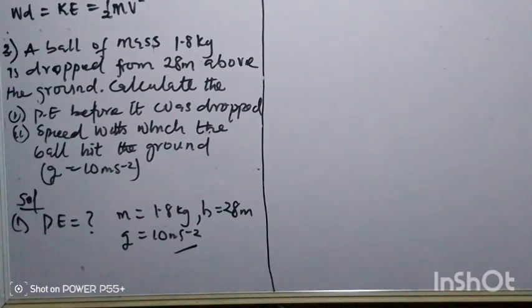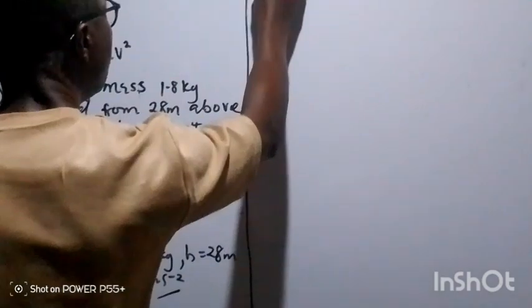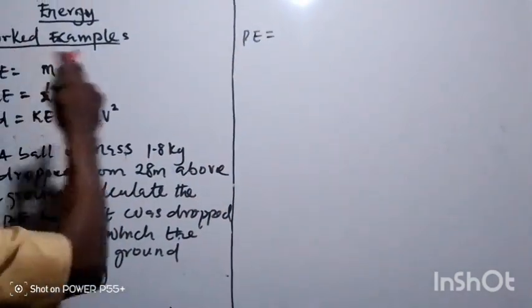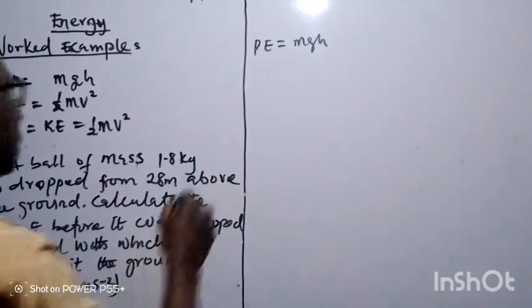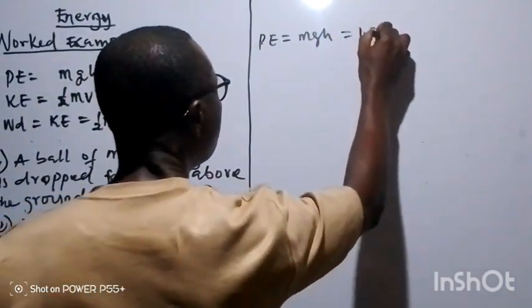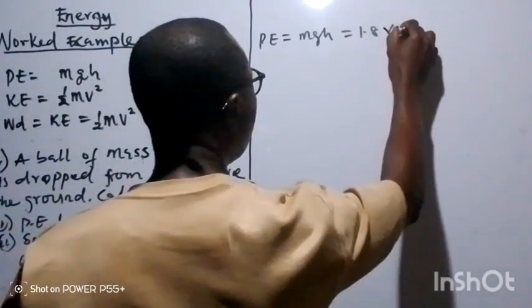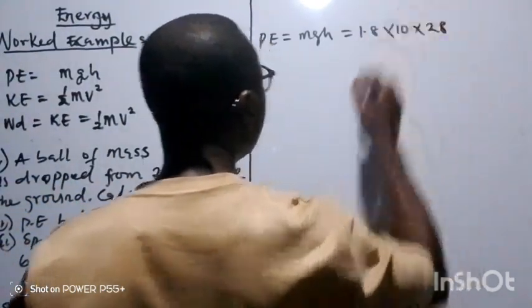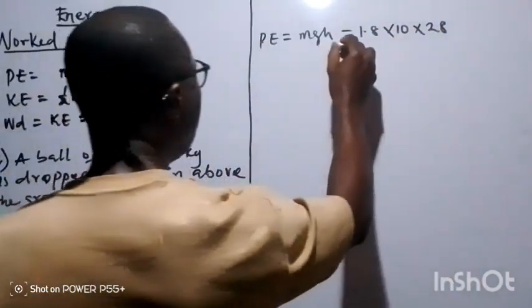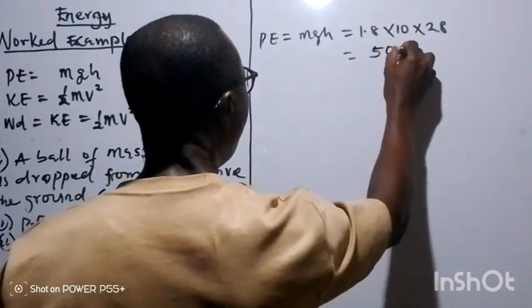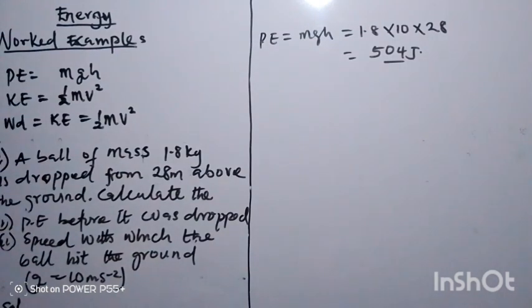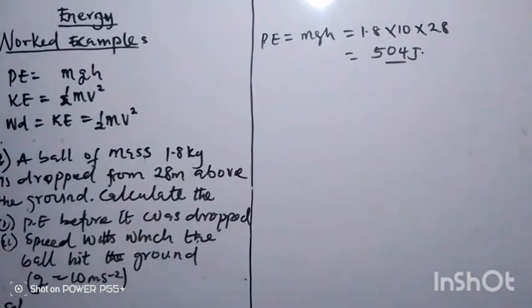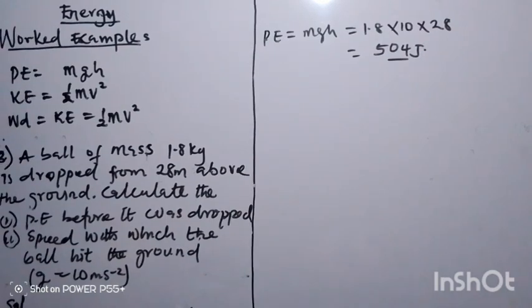So from there we can calculate the potential energy, PE, from the formula on the board, which is equal to mgh. Our m is 1.8, g is 10, and height is 28. Multiplying all together, this gives us 504 joules. That is the potential energy when the ball is dropped from 28 meters above the ground level.